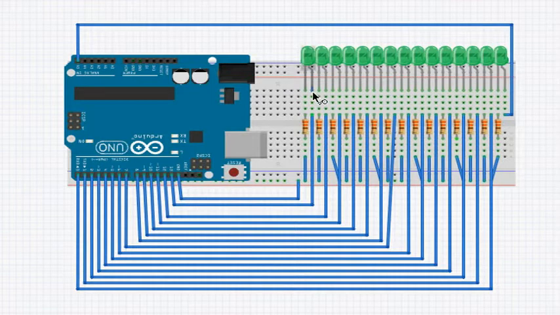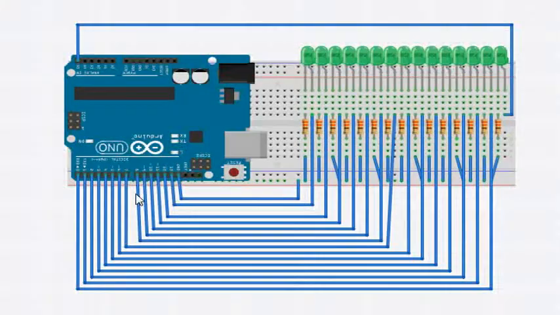And the anodes of all these green LEDs are connected to the output pins of the Arduino board. We can choose the output pins as per our requirement, and while coding we can choose the pins as per our convenience.